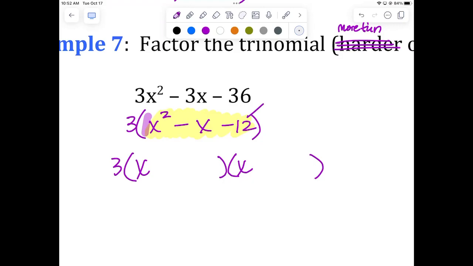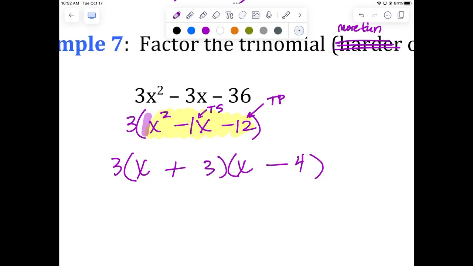Now I have my target product of negative 12, and my target sum is negative 1. Factors of negative 12 that add up to negative 1. 3 and 4, and which one has to be negative if the sum is negative? The bigger one, which is the 4, so it's x plus 3, x minus 4. Or x minus 4, x plus 3, either one.